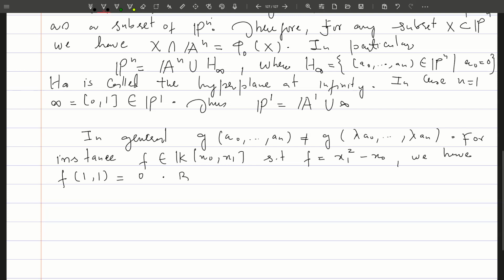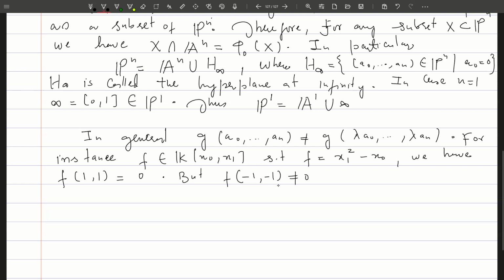But if we evaluate the polynomial at a scalar multiple of this point, say minus 1, minus 1, this is not equal to 0.